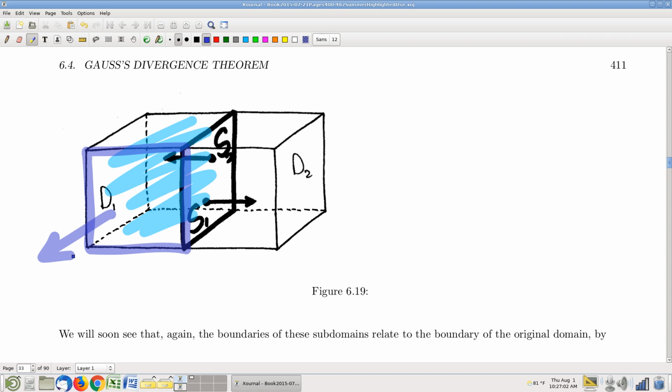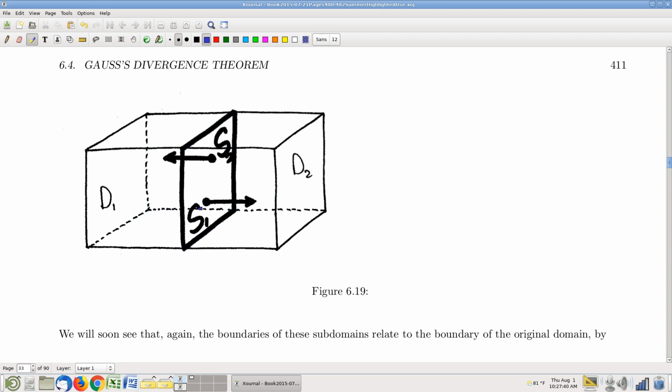Keep in mind there are rules for orientations of boundaries. Orientations of boundaries always point away from the solid, outward. Then there's this face oriented that way, and then this face oriented that way, et cetera. The one that's going to matter is this one oriented that way. So that shared face is part of the boundary of D1, part of the boundary of the left side, and as part of that boundary, it's oriented to the right.